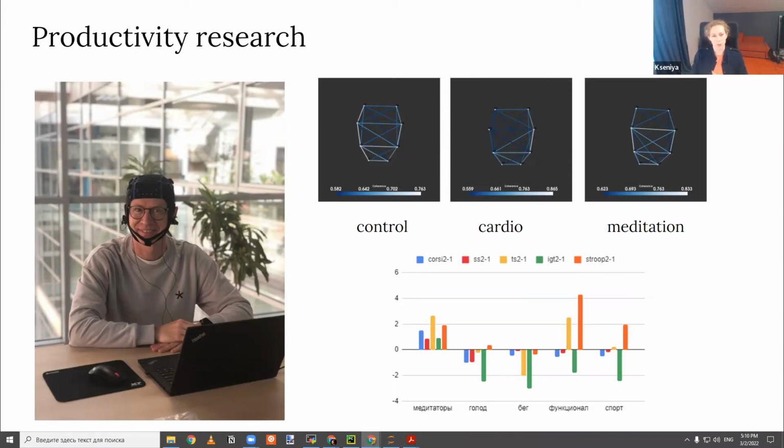And before and after that, we measured their biochemistry, their cognitive functions with the help of some tests, and their patterns of EEG, so the patterns of their brain activity.